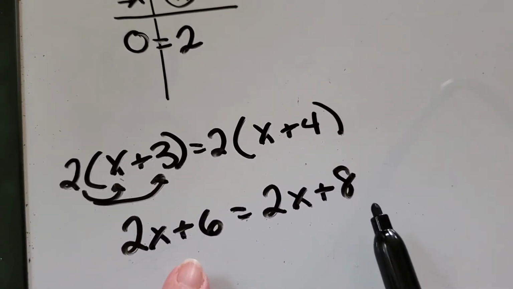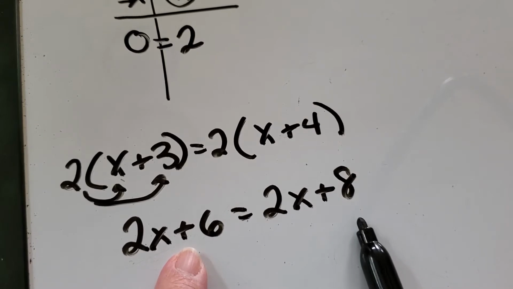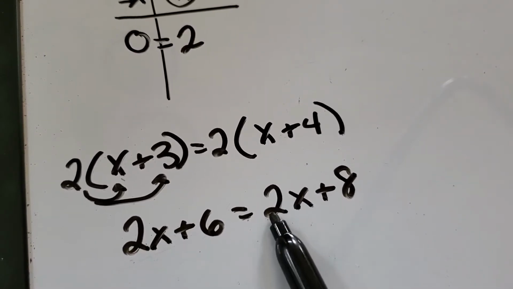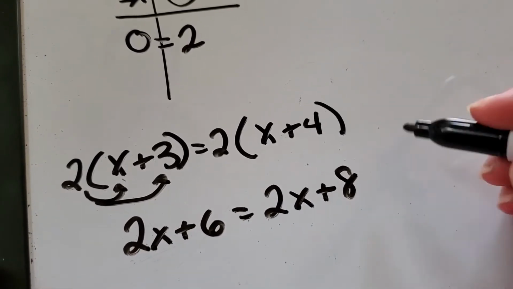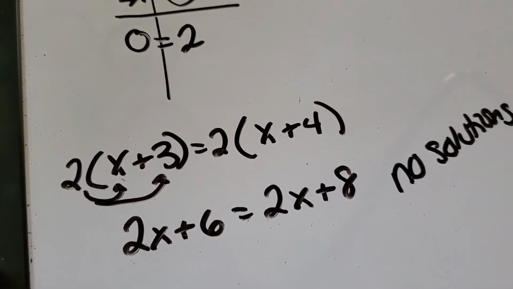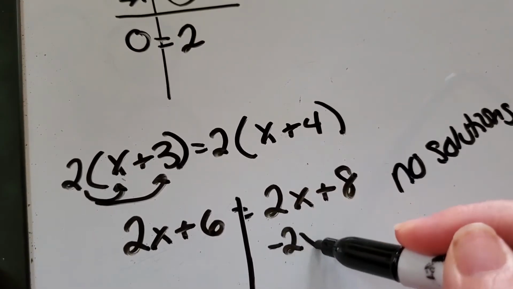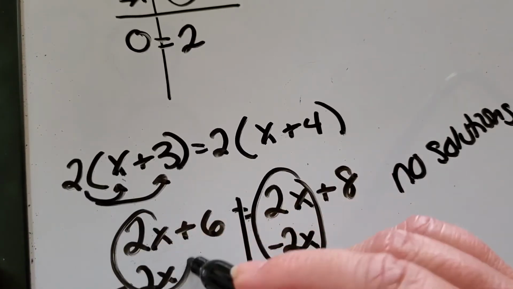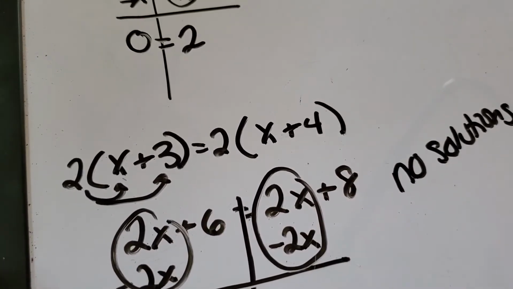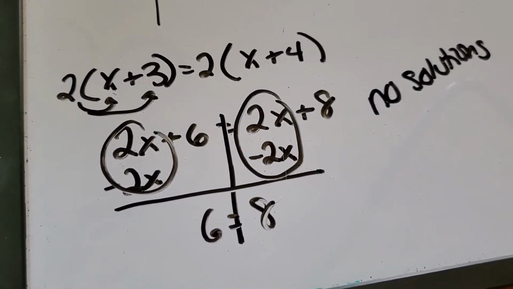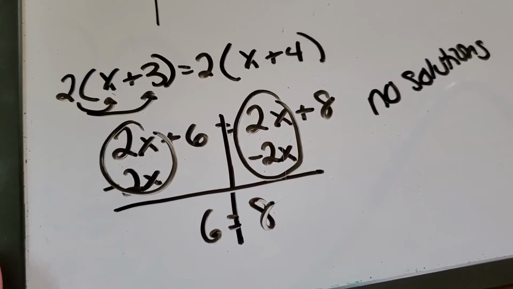And hopefully you're realizing, wait a second, I can't take a number, multiply it by 2 and add 6 and get the same answer as if I took that number, multiplied it by 2 and added 8. This equation has no solutions. But if you tried to solve it, when you subtract 2x from both sides, the x's are gone and you get 6 equals 8. That doesn't make any sense. And so these equations all have no solutions.